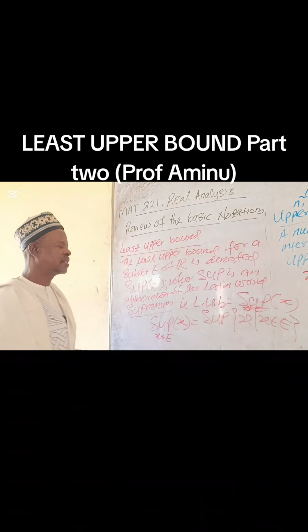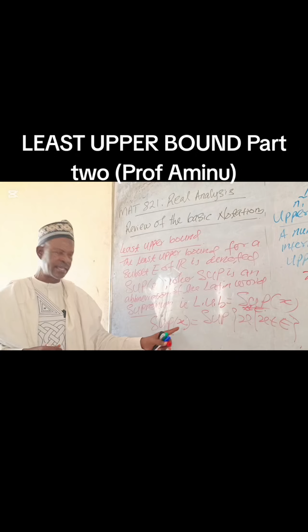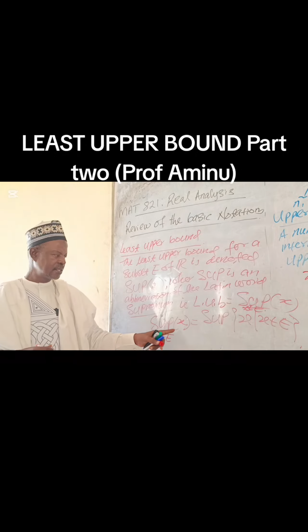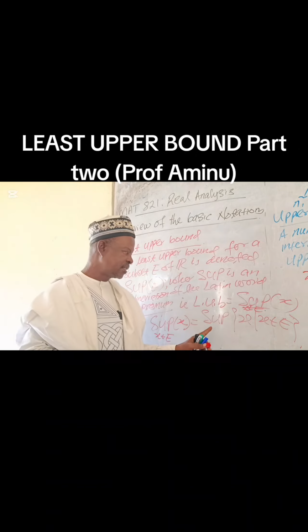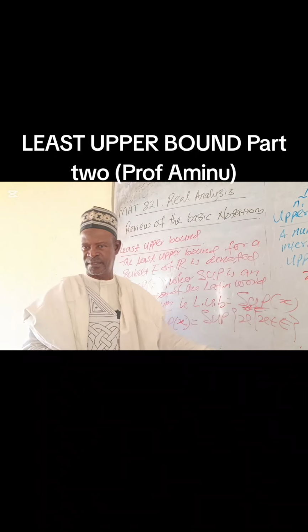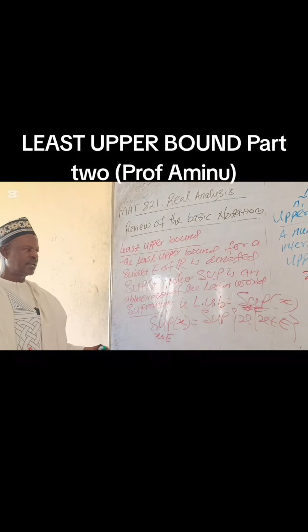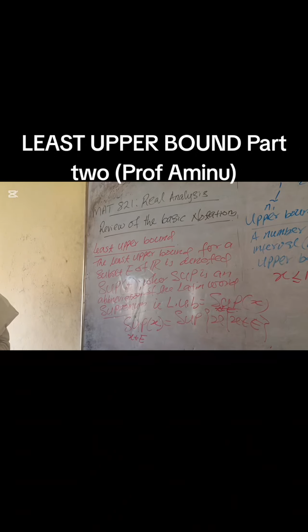So that's how we write it. Supremum of all x in E. All the x's in E, take their supremum, or their least upper bound. Or we write it like this: supremum of all x where each x is in E. And when you write this, we mean this is called the least upper bound.